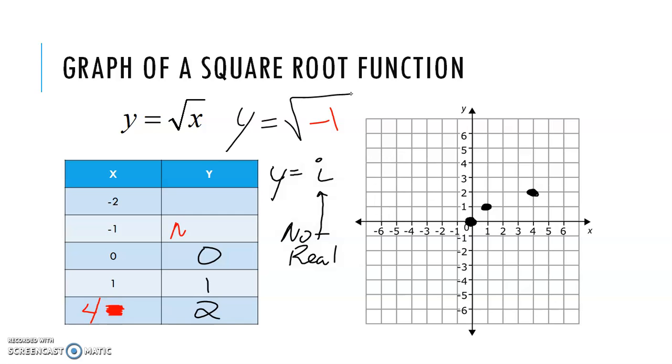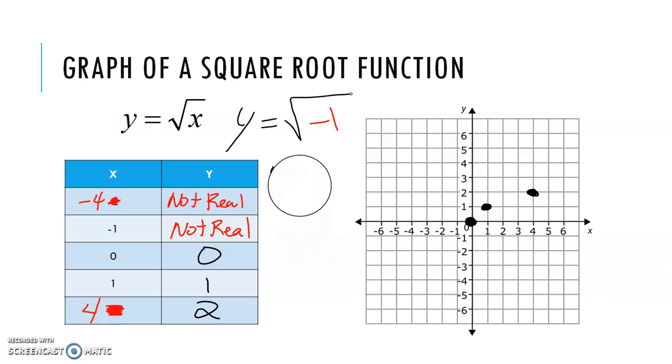So this is not real, and in fact, neither would our negative 2. Or even if we looked at negative 4, any negative number is not going to offer us a real solution. So none of these points that we plug in will give us points.